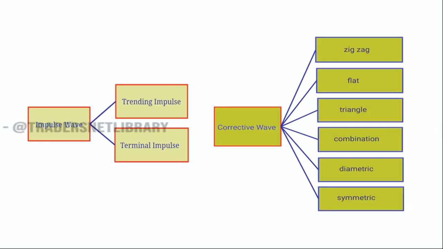Impulse waves have two types: trending impulse and terminal impulse. Correction waves have 6 structures: zigzag, flat, triangle, diametric, symmetric, and complex correction.